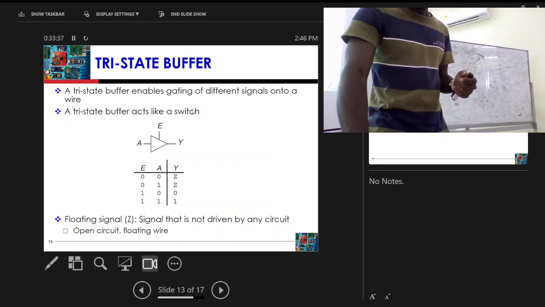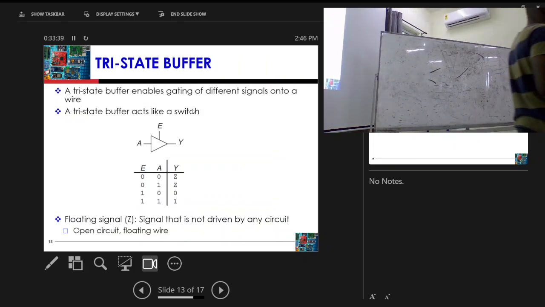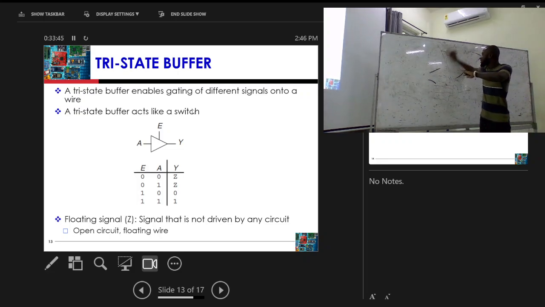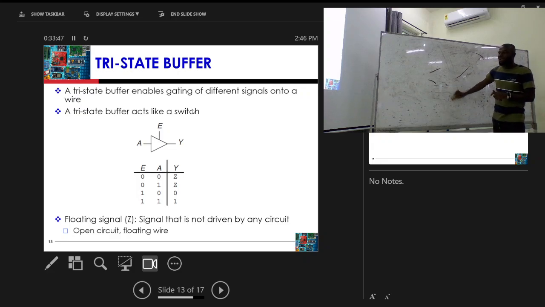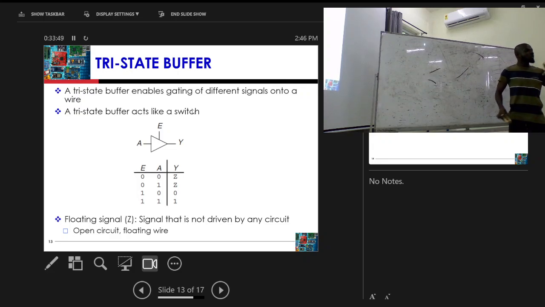No problem. Okay, so our next gate is known as the tri-state buffer, a very, very important gate in digital circuits. With all the gates in a digital system, if you have an AND gate, there's always an output.